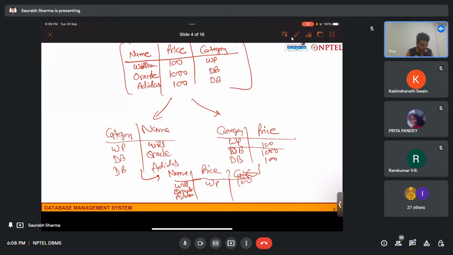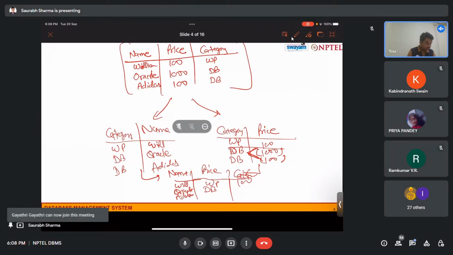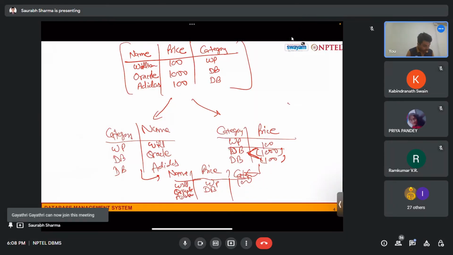Now what will happen to Oracle? Oracle is having DB, so DB is having two cases, there is 1000 also, there is 100 also, so it will be mapped to both of the entries.